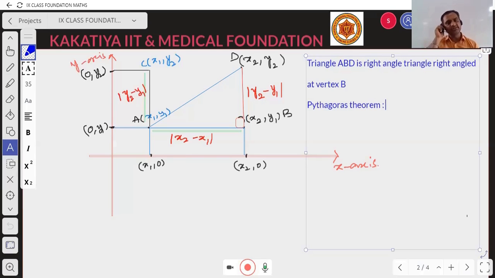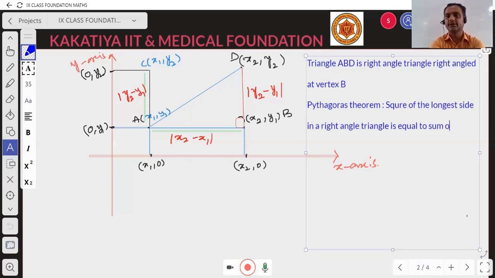As per the Pythagoras theorem statement, the square of the longest side in a right angle triangle is equal to the sum of the squares of the remaining two sides.